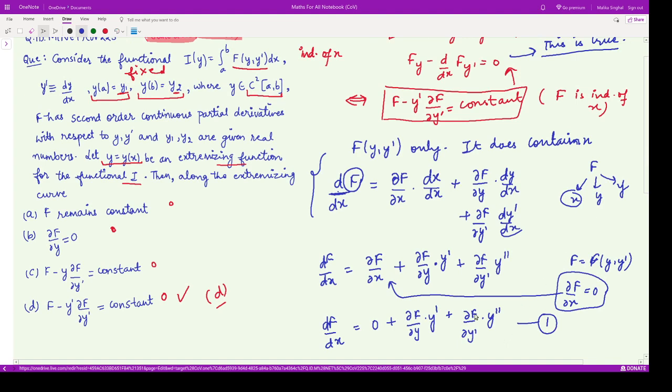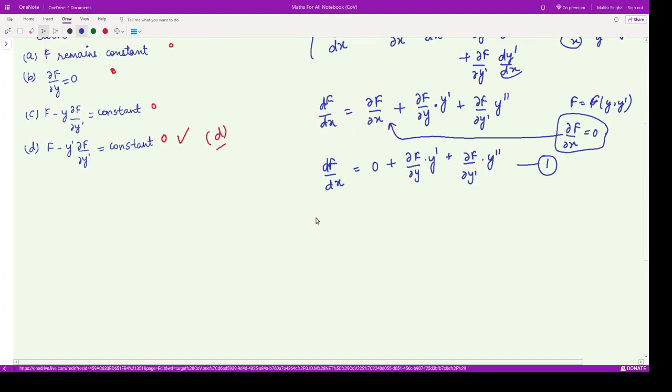Let me call this equation number 1, and let me call the Euler-Lagrange equation equation number star. We'll use this.